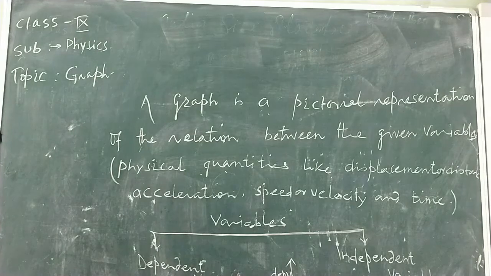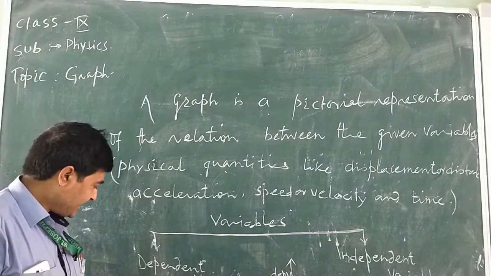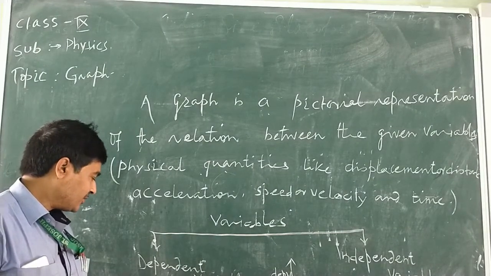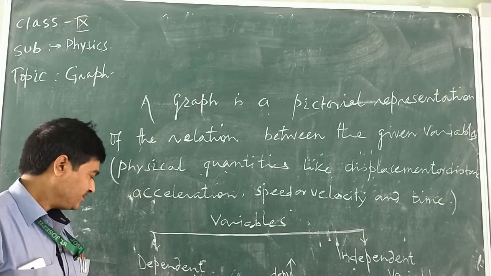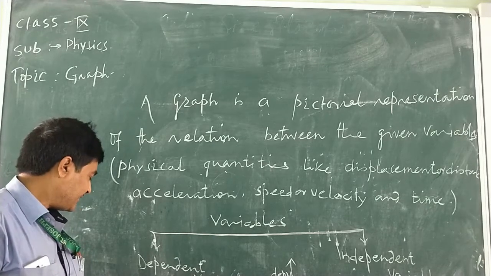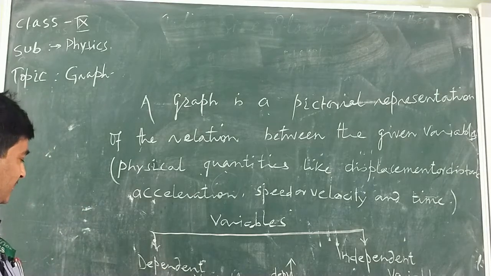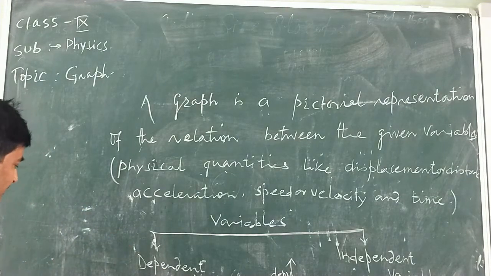For example, the distance traveled by a body s moving with a constant velocity v is related as s equals vt, where t is the time interval.